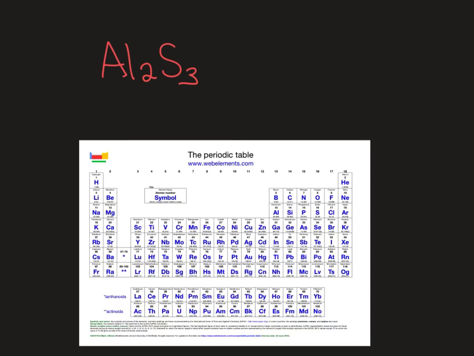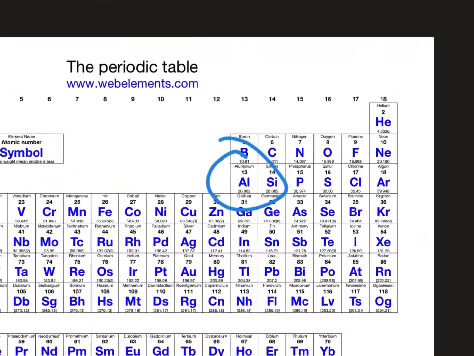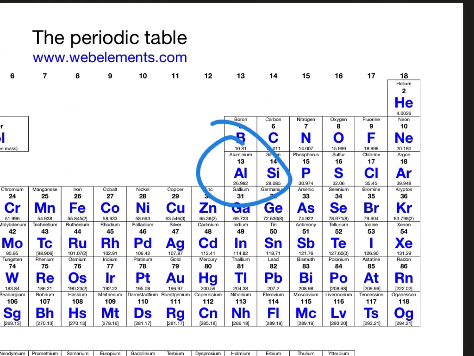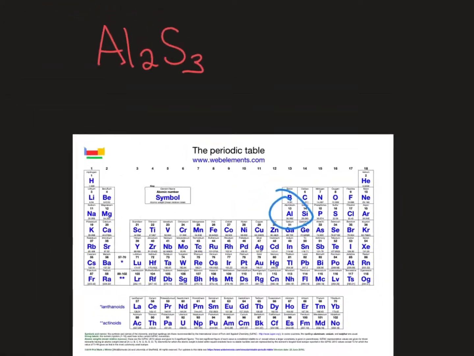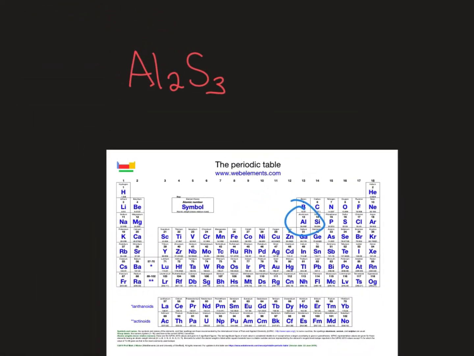All right, so let's calculate the molar mass of aluminum sulfide. You will need a periodic table and a calculator. So we will first look at aluminum's molar mass. So we use the periodic table, you find aluminum, and then you look at the number underneath. It's 26.98, that's the number I'm going to use.